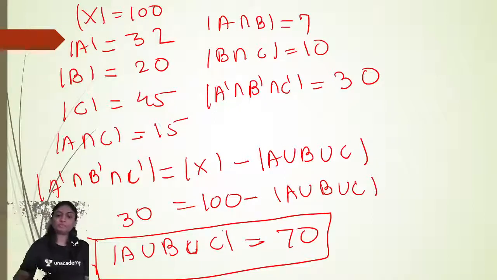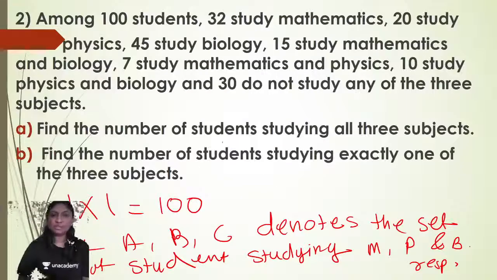Now, we have to find the number of students studying all the three subjects and the number of students studying exactly one of the three subjects, right?